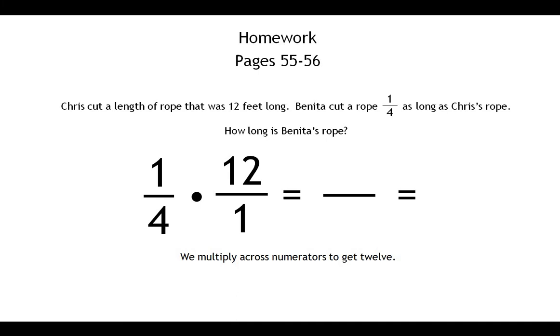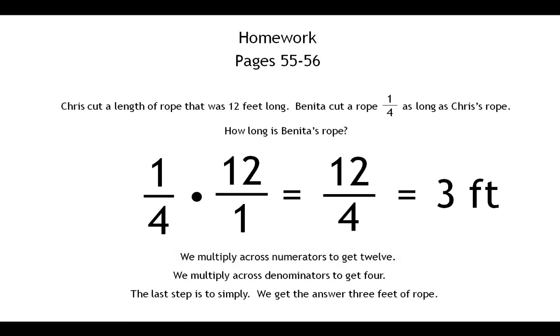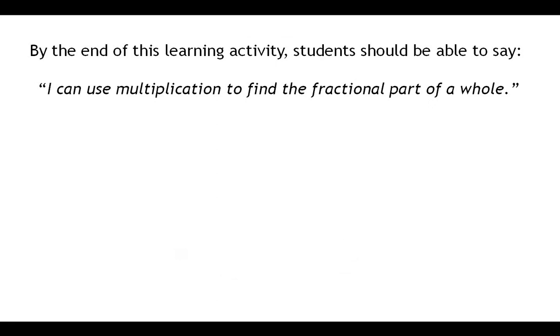We multiply across numerators to get 12. We multiply across denominators to get 4. The last step is to simplify. We get the answer 3 feet of rope.